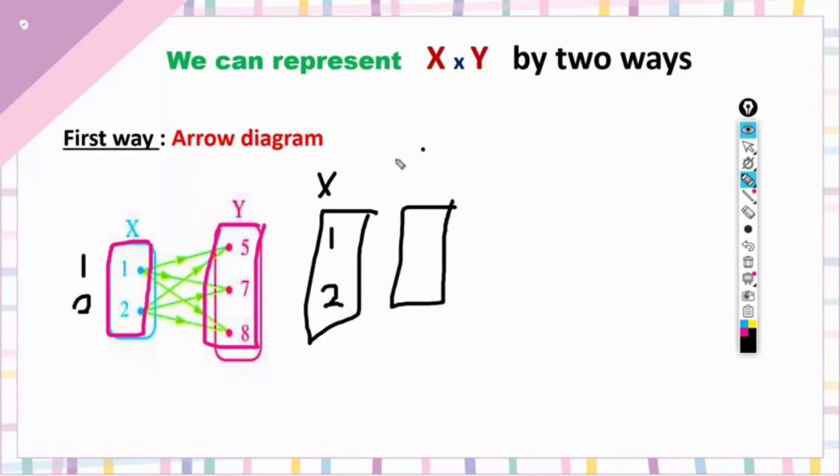Y consists of 5, 7, 8. We will take 1 to 5, 1 to 7, 1 to 8, then 2 to 5, 2 to 7, 2 to 8. It is called arrow diagram.